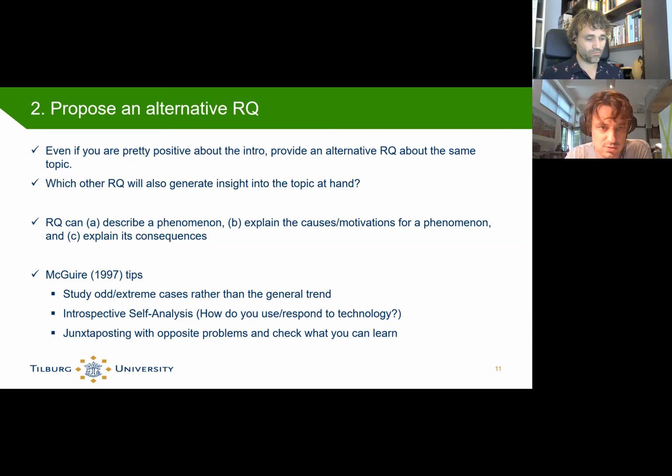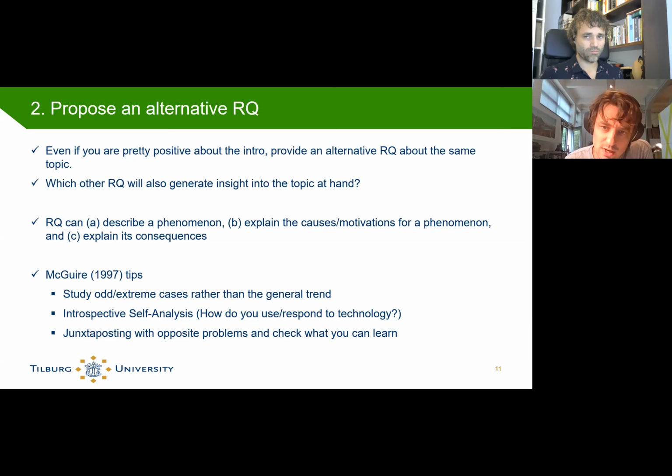So what does social media do with people, for example, with organizational processes? This is also a way we want you to be creative. And I know a quite old article by Macquarie that has great tips for coming up with creative research questions.